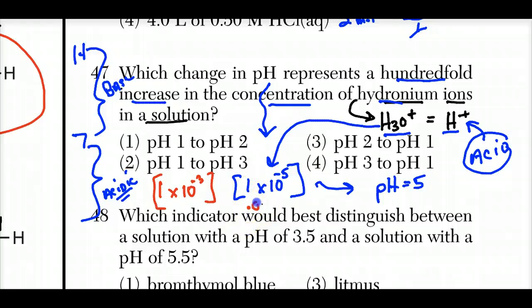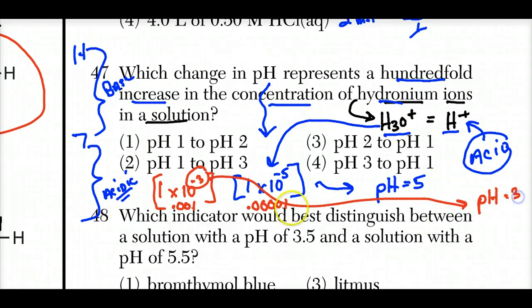This is 0.00001, and this is 0.001. This number is bigger by 100 times. And the pH of this is 3, the positive value of that exponent, assuming that value there is 1. In this course, it always will be. So our pH dropped 2 integers when we got acidic by 100 times.